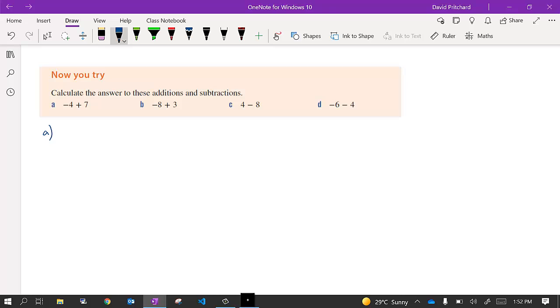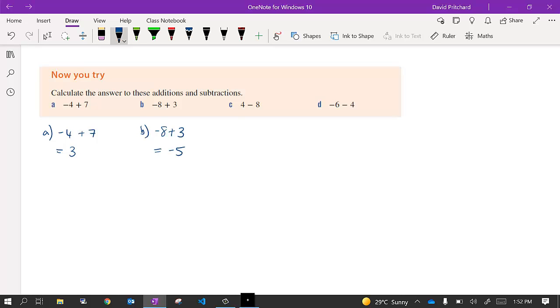Okay, so our first one, we owe 4, and we've got 7. So owe 4 and got 7, so that means that we have 7. We go 4 backwards, and we end up with 3. With part B, if I owe 8, but I've got $3, so if we use that $3, and then we can owe another 5.